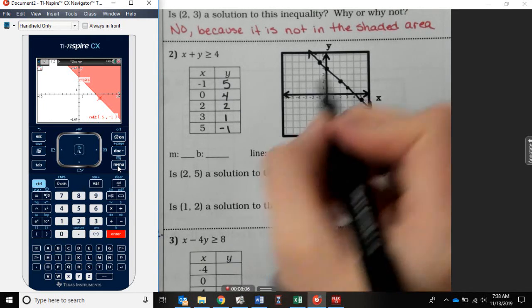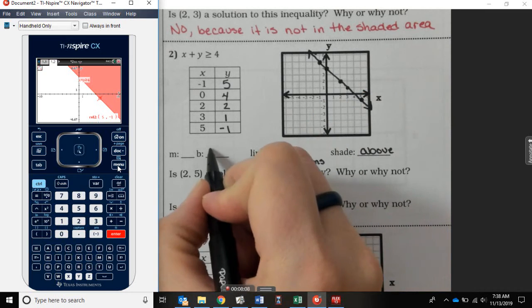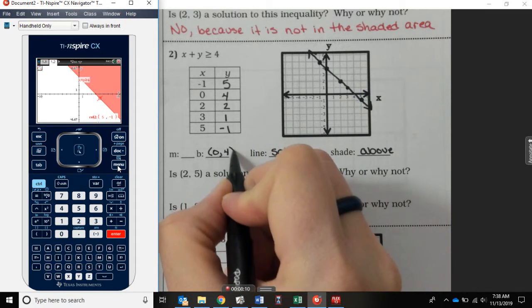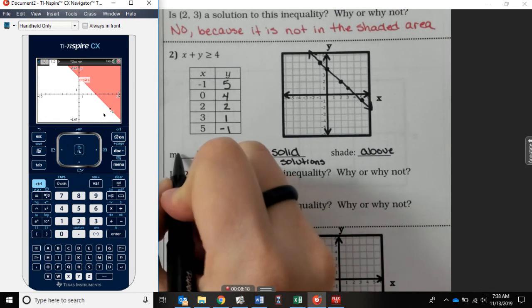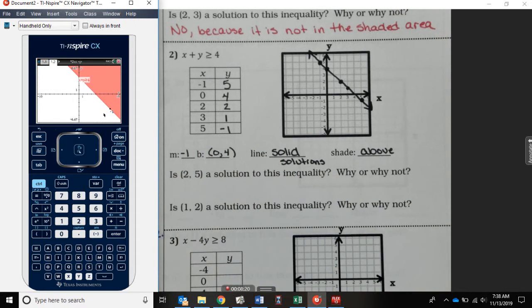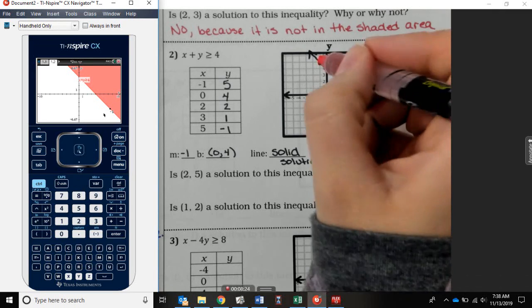And my y-intercept is 0, 4. I can find my slope by pressing menu 6, 5. And I hover over the line and it tells me my slope is -1. And now I'm going to shade, and it was shaded above.